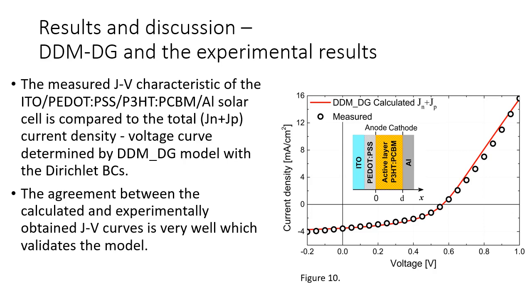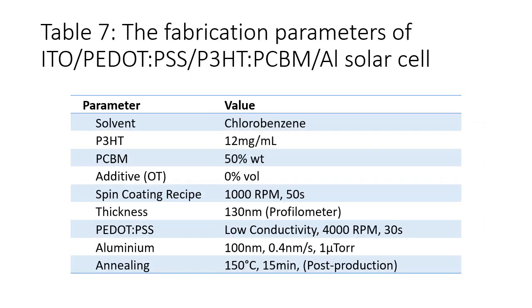The agreement between the calculated and experimentally obtained JV curves is very good, which validates our model. Here in this table, we see the fabrication parameters of the experimental device.